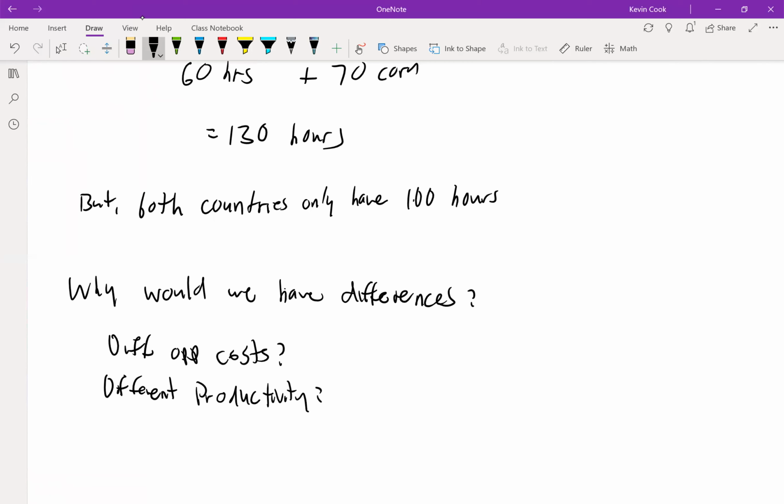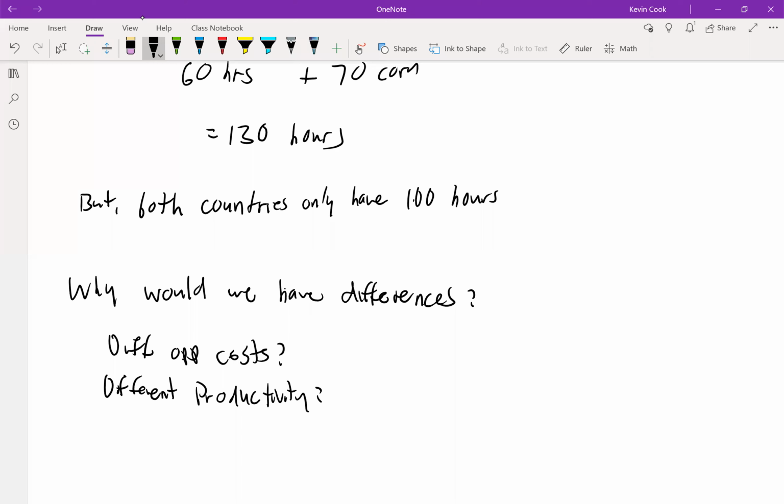So largely this can come down to when we talked about productivity, things like natural resources, human capital, physical capital, and so on. For this one, I'm going to emphasize more the land and our natural resources, potentially human capital.